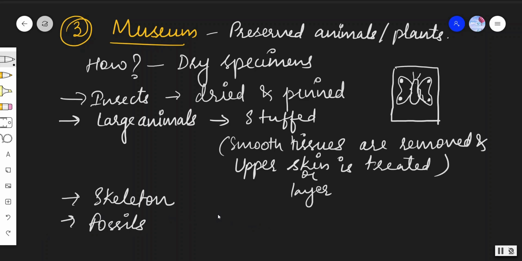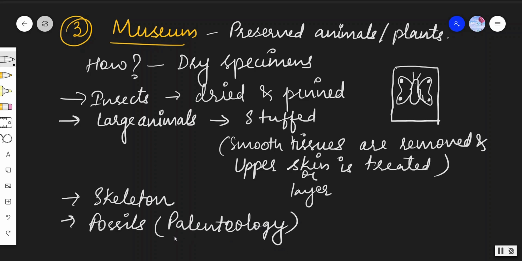Fossils can be found on rocks or on a stone where the species gets stuck and an impression is formed on that surface.